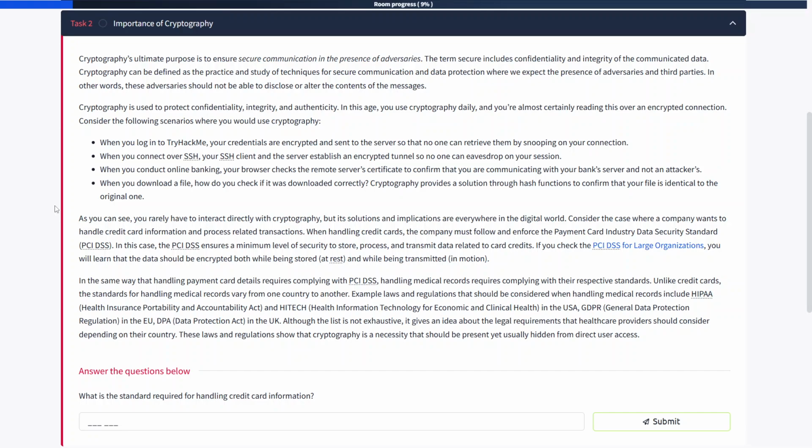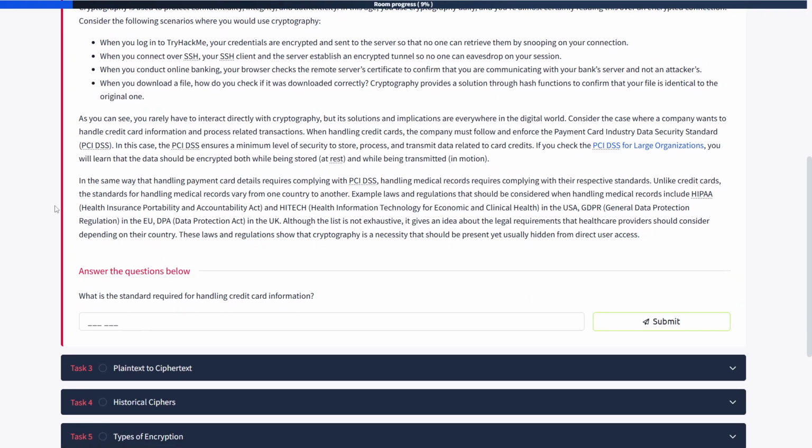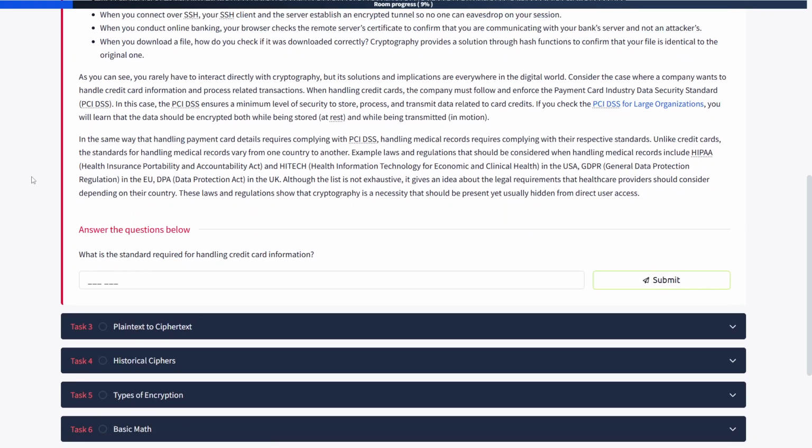When you download a file, how do you check if it was downloaded correctly? Cryptography provides a solution through hash functions to confirm that your file is identical to the original one. As you can see, you rarely have to interact directly with cryptography, but its solutions and implications are everywhere in the digital world.